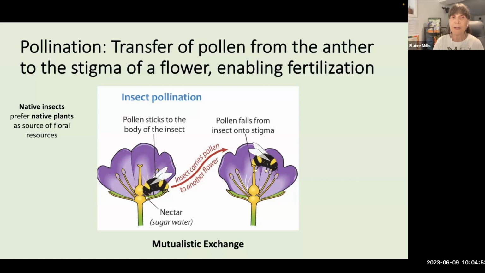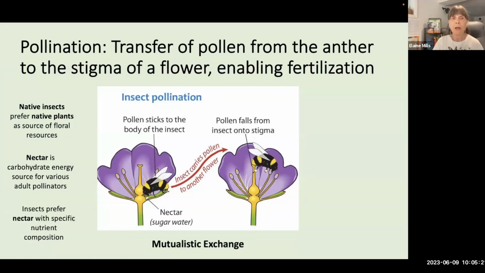Now, native insects are going to prefer native plants as a resource for these floral products. Nectar is the product they're looking for the most, and that is a source of carbohydrate energy for the various adult pollinators. It's, in a sense, their fuel for flight. Now, you may see pollinators nectaring on non-native plants, but generally they're going to prefer the nectar of native plants because that has a very specific nutrient profile.